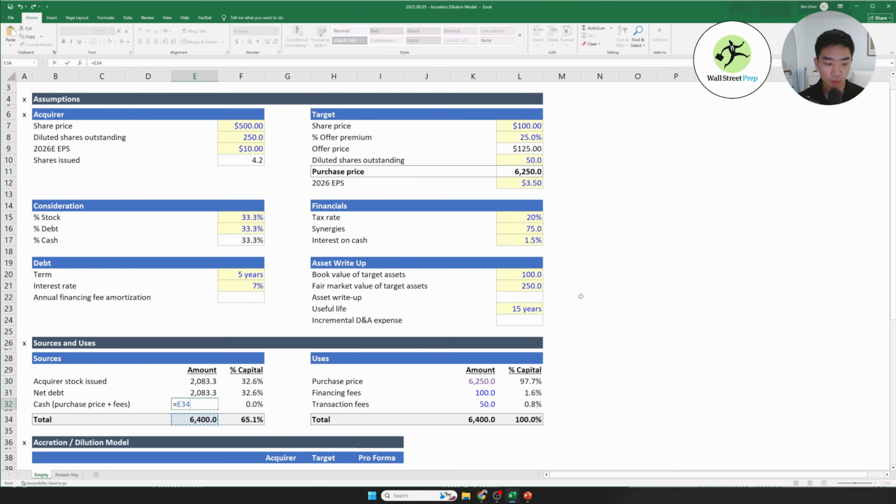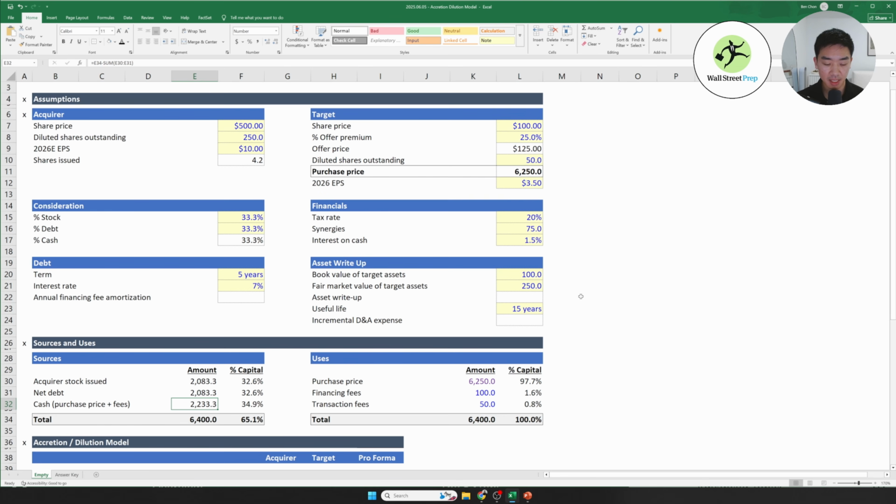So this total amount that we need to source in terms of total funds minus the sum of our other two ways of raising capital. So you can see here, even though we're spending 33% of our consideration, about a third of our consideration is coming from stock in terms of the purchase price. You can see here I added a note, cash purchase price plus fees.